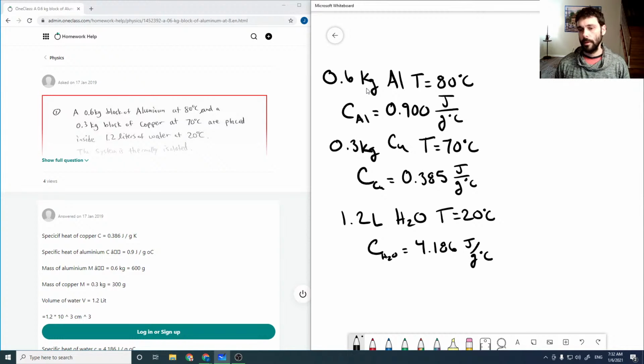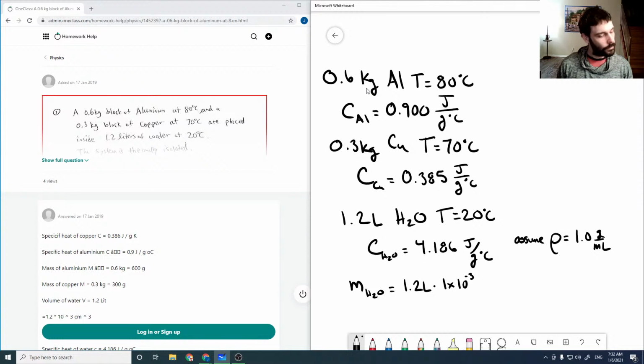And we're going to assume that the density for water is 1 gram per mL, meaning that our mass of H2O is 1.2 liters times 1 times 10 to the 3 mL per liter, not minus 3, but plus 3, sorry, times the 1.0 grams per mL, giving us 1.2 times 10 to the 3 grams of water.